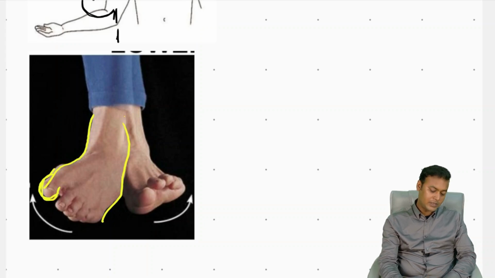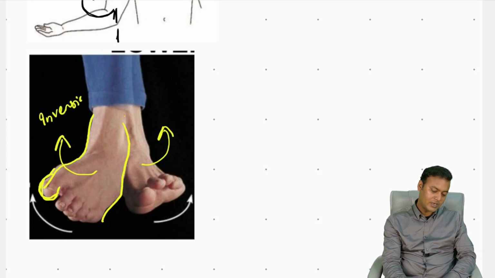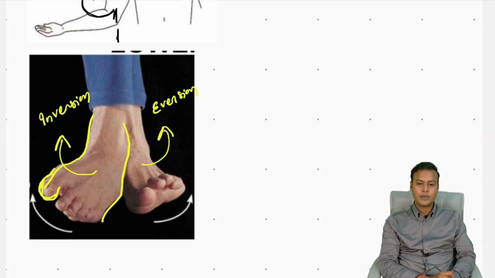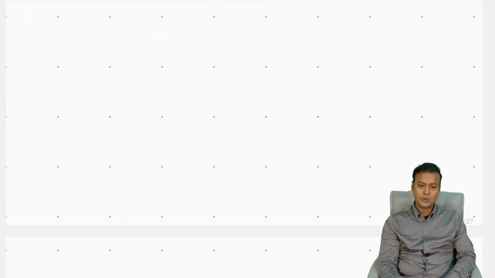Here the foot is being rotated inwards, whereas here the foot is being rotated outwards. So this movement is inversion, whereas this movement outwards is known as eversion. All right. So inversion and eversion. I hope the memory is refreshed now.